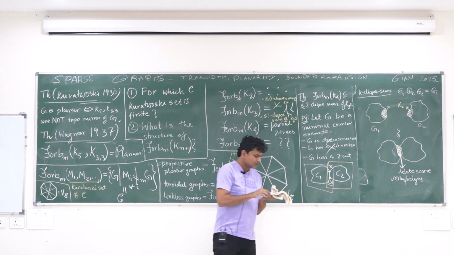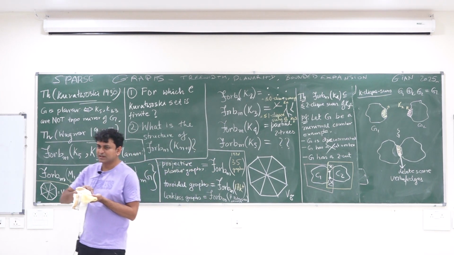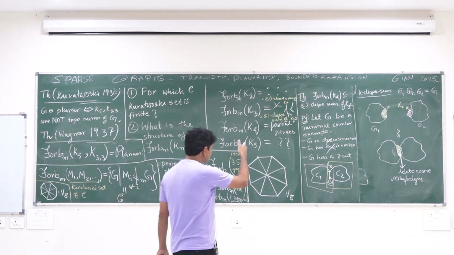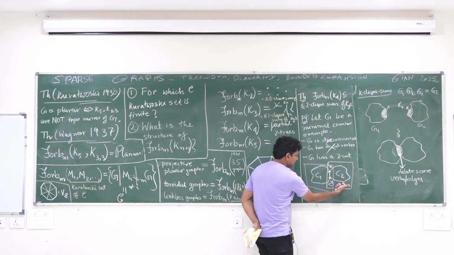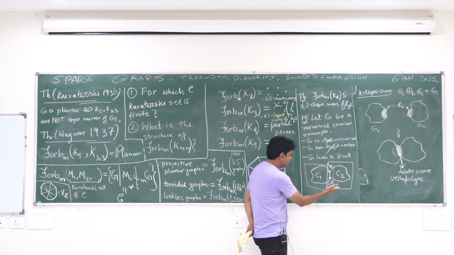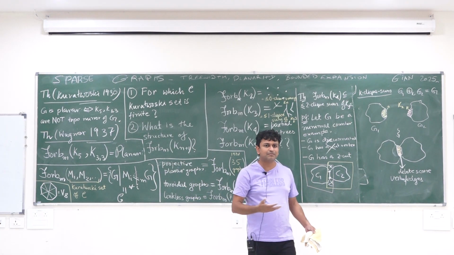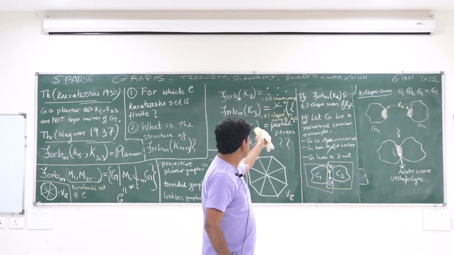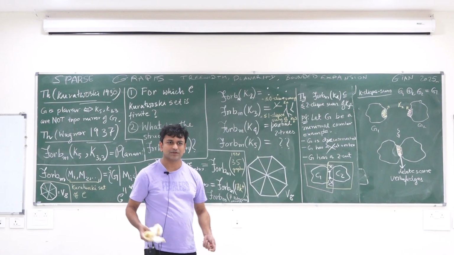If x and y are adjacent, then it's easy. You just separate them and you construct this yellow part, you construct the red part, and then do a 2-clique sum, which is allowed because we allow up to 2-clique sums.